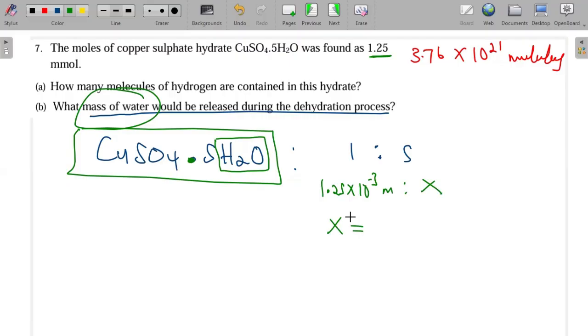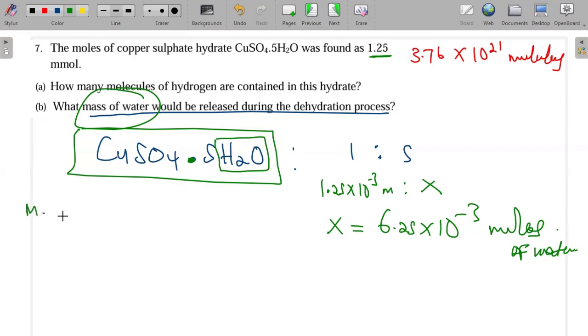We already found such an answer there. So we found it was 6.25 times 10 to the power minus 3, and these are moles of water now. We are not considering hydrogen.